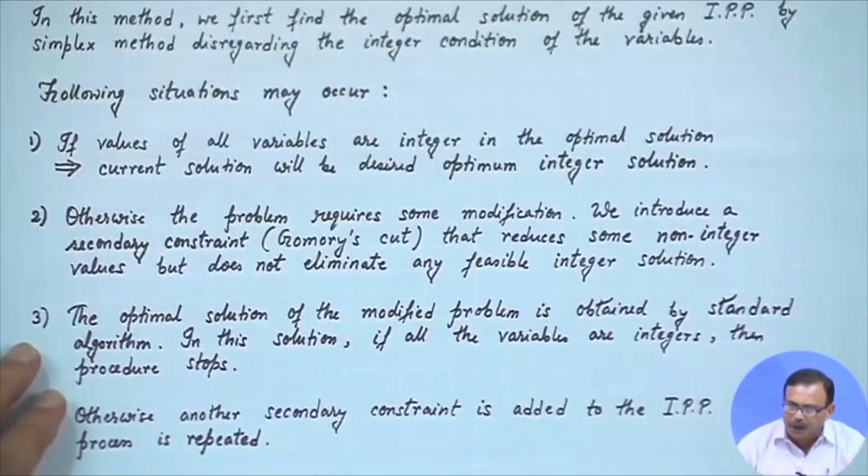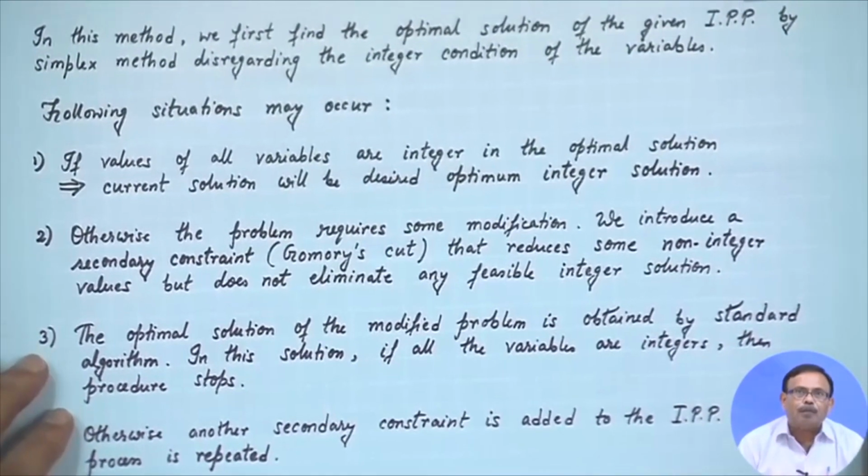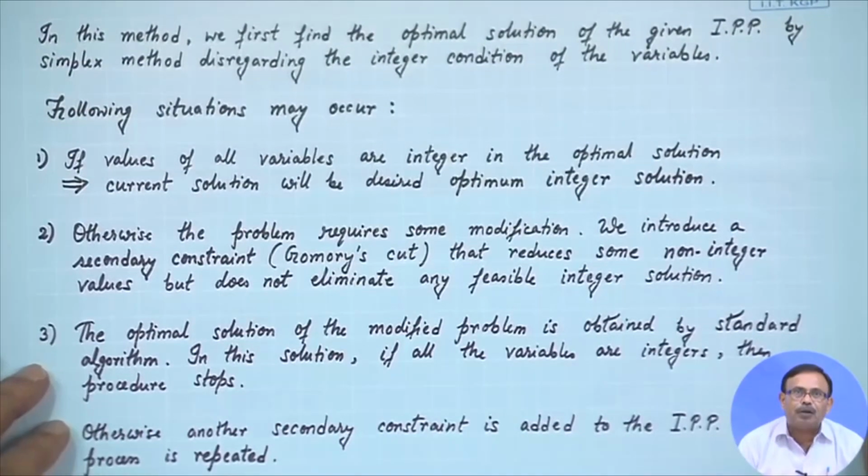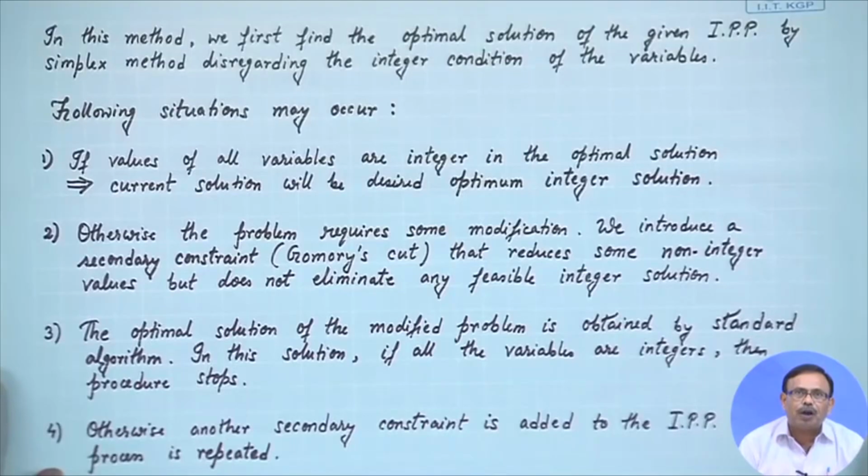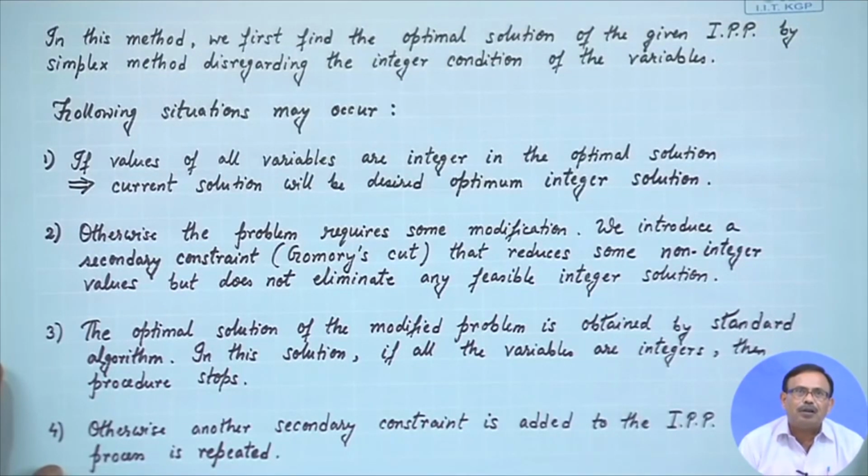In this particular method, we first find the optimal solution of the given IPP by simplex method, discarding the integer condition of the variables. That means, at first we are finding the optimal solution of the integer programming problem by the normal simplex method, whatever we have learned earlier, disregarding the integer condition, that means we do not consider now that the decision variables are integers.